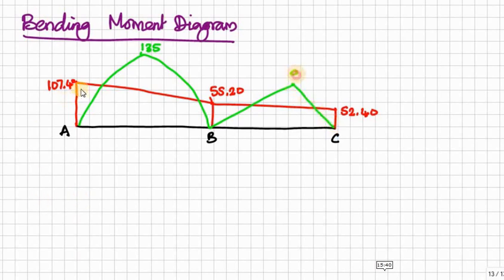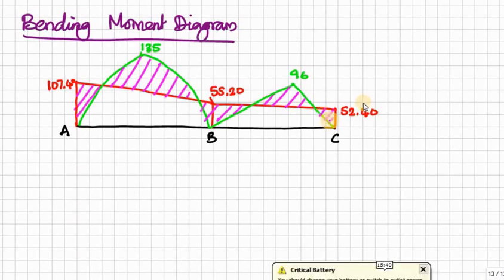So now this is the net moment. Okay, this is cancelled by each other. This shaded portion is the net bending moment on the beam. This is negative moment, this is positive moment, this is negative moment, this is positive moment, this is negative. So this is the BMD for the continuous beam.